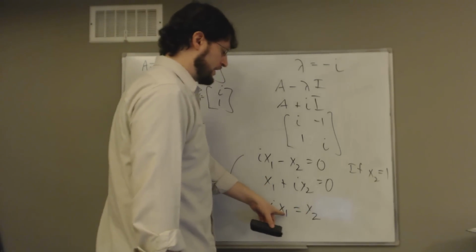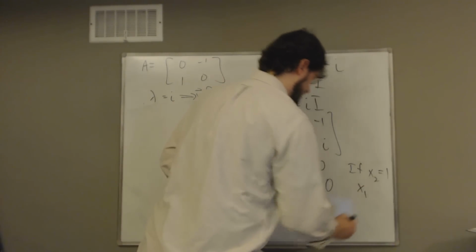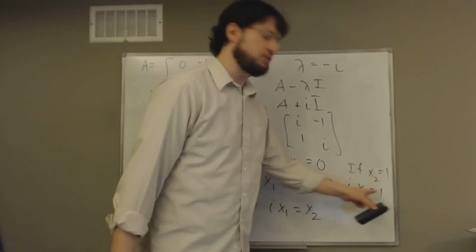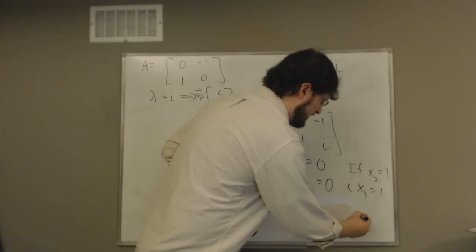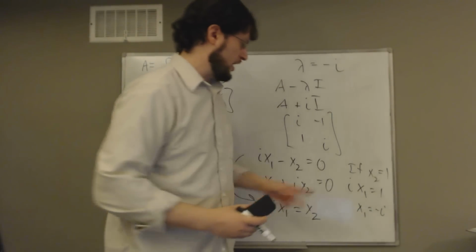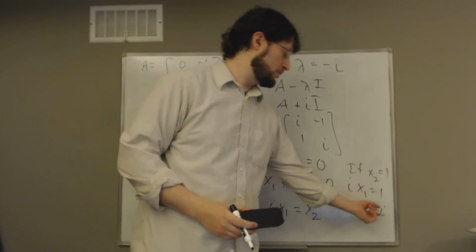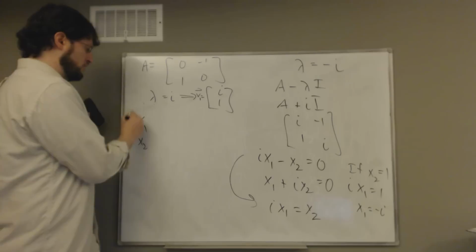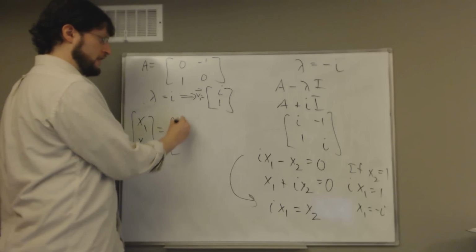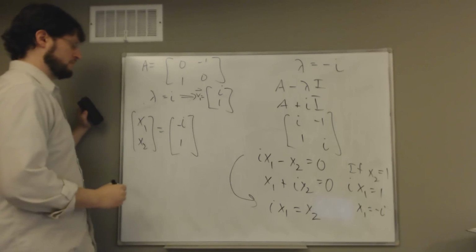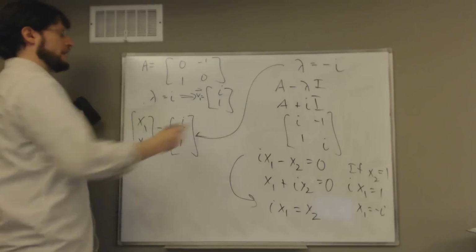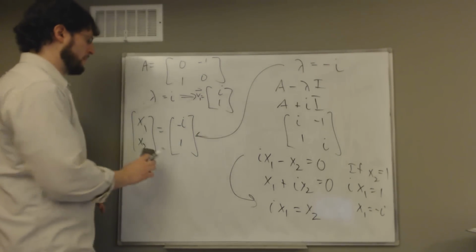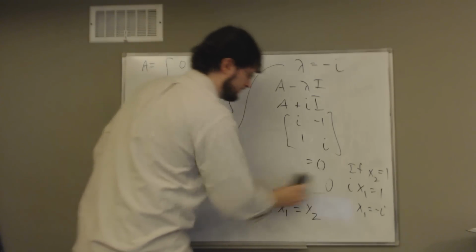That tells me that I x1 is 1, but if I x1 is 1, then x1 had better be negative I, because I times I is negative 1, and we need that negative to cancel out to get 1, which means that our vector x1, x2 is negative I, 1. So that's the eigenvector corresponding to the eigenvalue negative I. Let's look at another one.